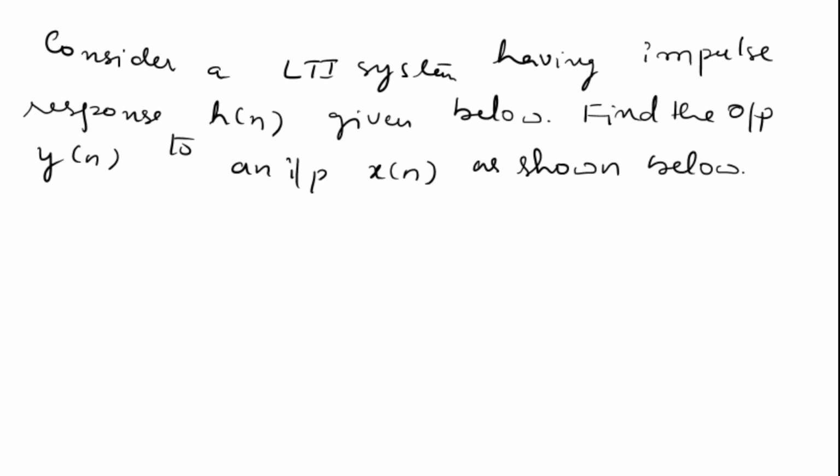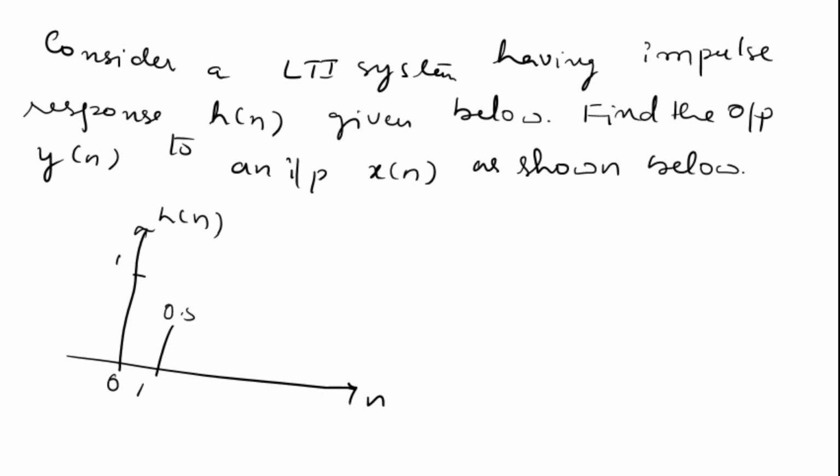h of n and x of n are given. This is h of n. At 0 the value is 1. At 1 the value is 0.5. At 2 it is 0.25.